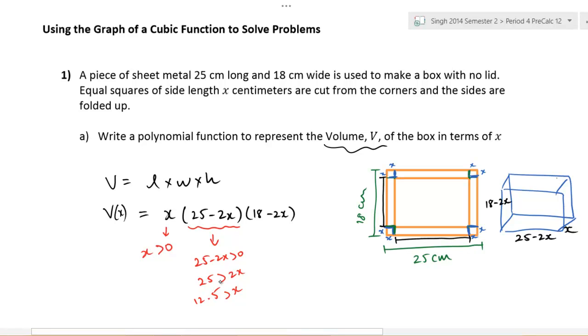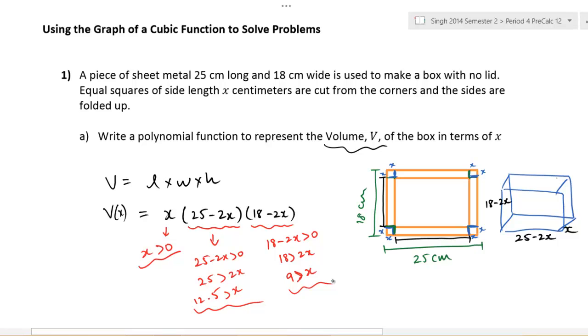Alright? From this expression we also get a restriction. We know that it has got to be bigger than 0. We cannot have a negative side. So if I solve that inequality, I get 18 is bigger than 2x, which means x is less than 9. These numbers are going to help us set our domain. We're going to have some sort of a domain restriction overall.